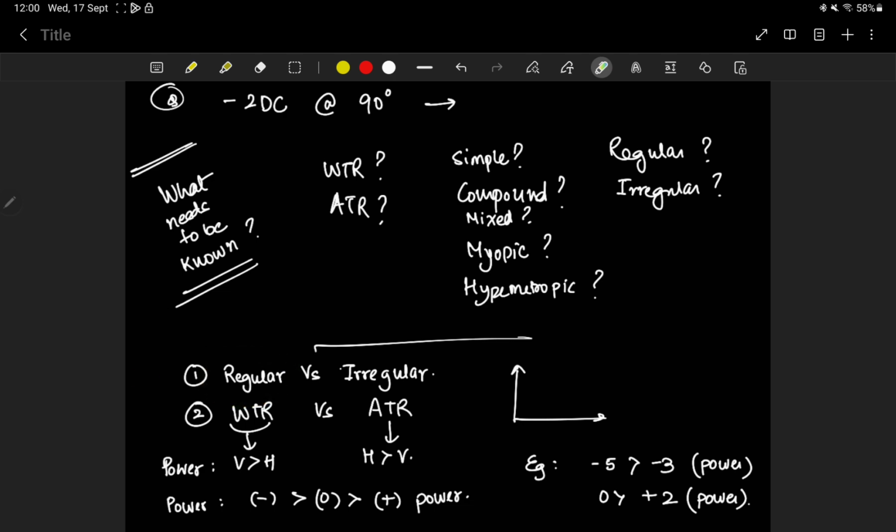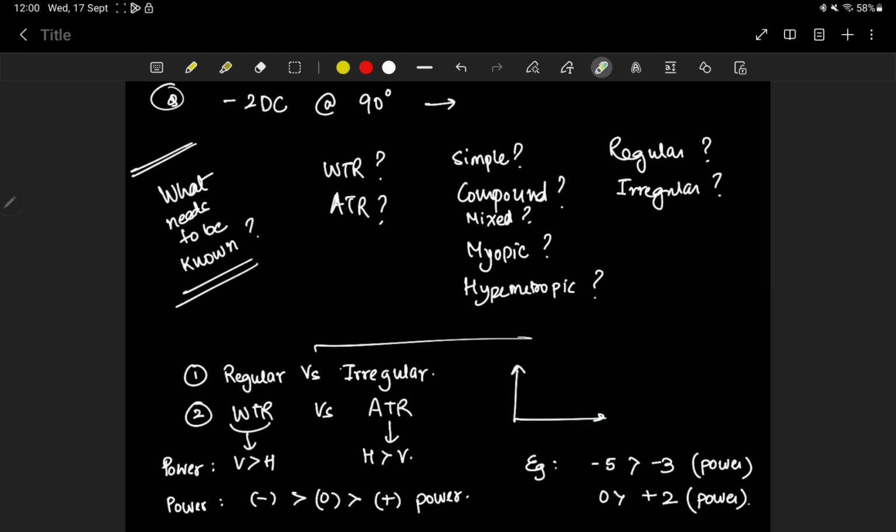And what is irregular astigmatism? When the two meridians are at 90 degrees, but they are not oriented vertically and horizontally. If you see this one, this is the vertical meridian, this is the horizontal meridian, this is M1, this is M2. This has a 90 degree angle and is oriented vertically and horizontally, so this is a regular one.